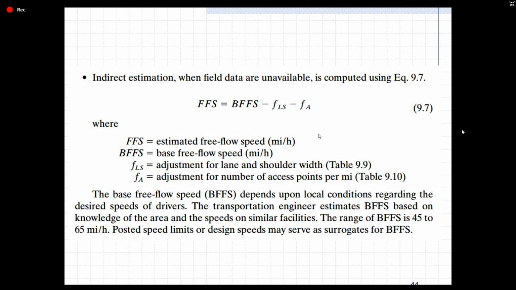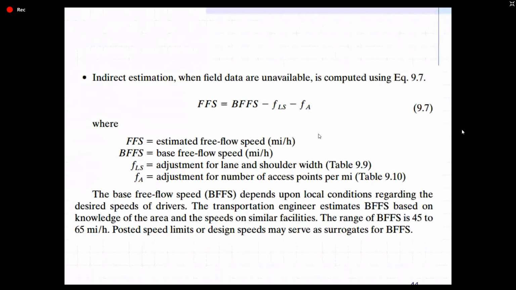So, again, yung BFFS natin, pag walang given, this ranges from 45 to 65. This is in miles per hour. But, depende sa location, since we are not using your miles per hour, yung BFFS, kapag walang given, ito yung mga nakalagay sa highway natin na speed limits. Pag nakalagay doon is 60, automatic, your BFFS is 60 kilometers per hour.